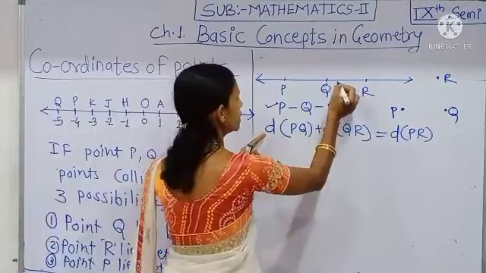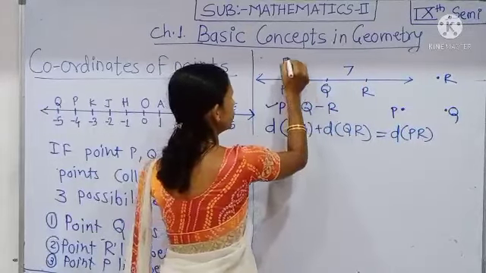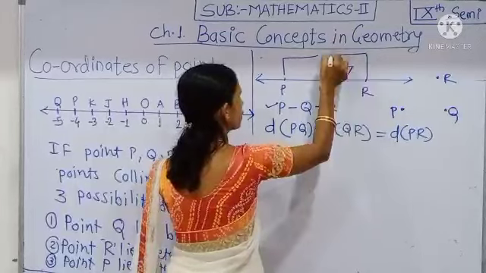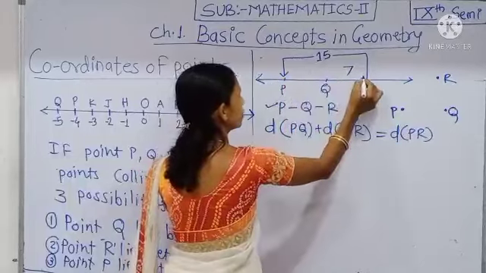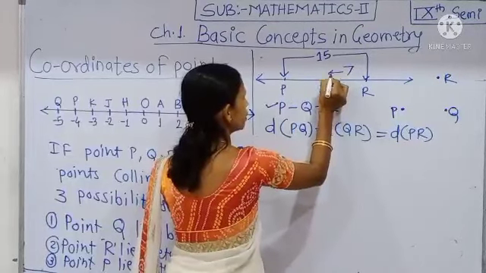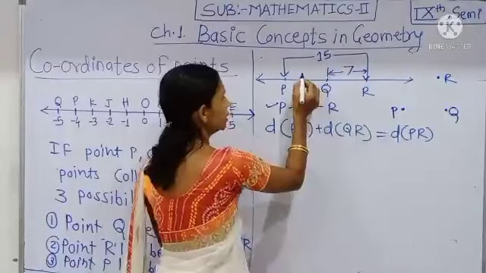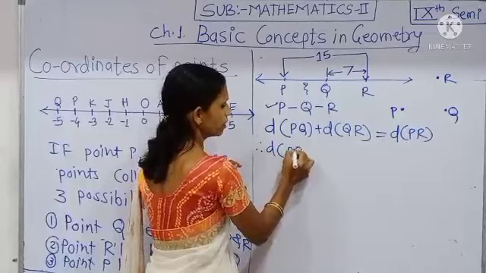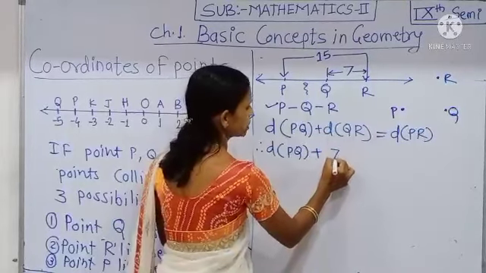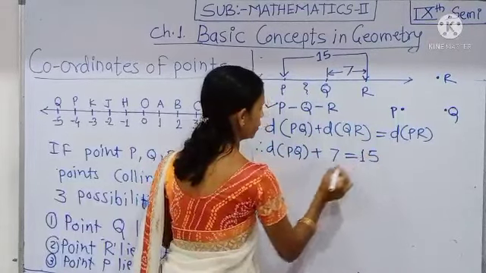See here, if the distance between QR is 7 and the distance between PR is 15, then we can determine dPQ. dPQ plus dQR, 7, is equal to the distance between PR, that is 15.